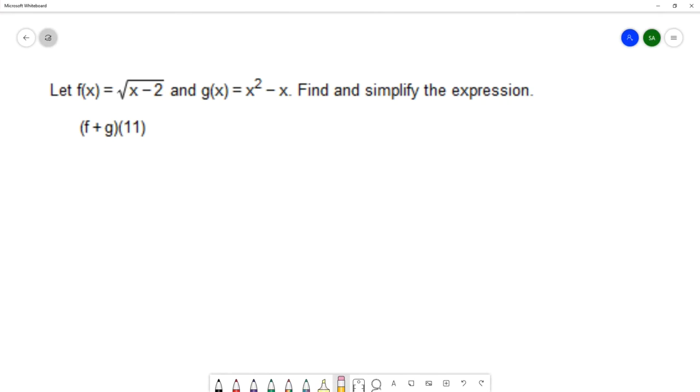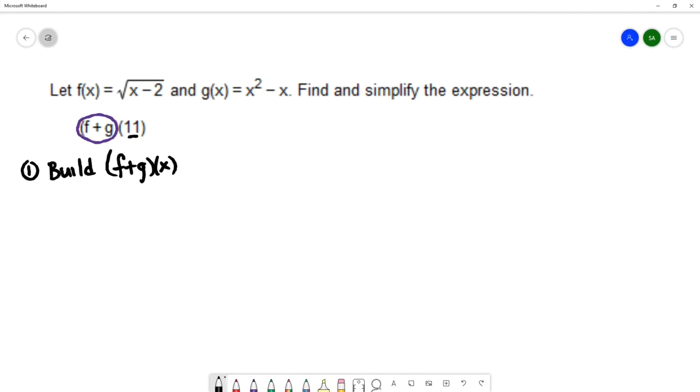On the first approach, we would start off by building the function that is described here. So we would want to build the function f plus g of x. And once we've built that function, then we'll be able to substitute the value of 11 into it.